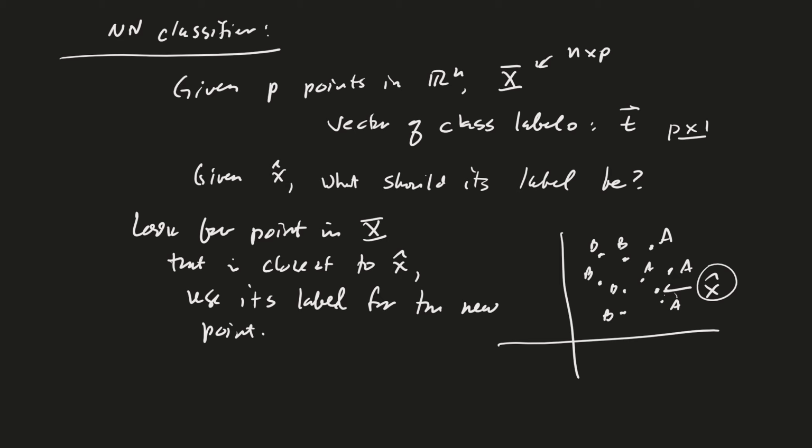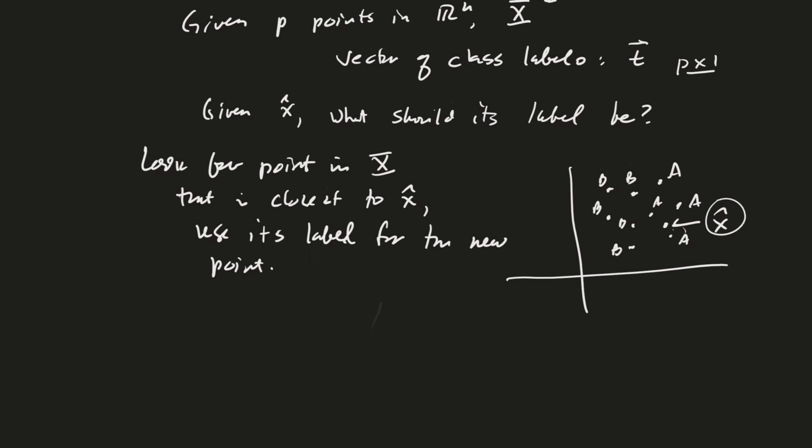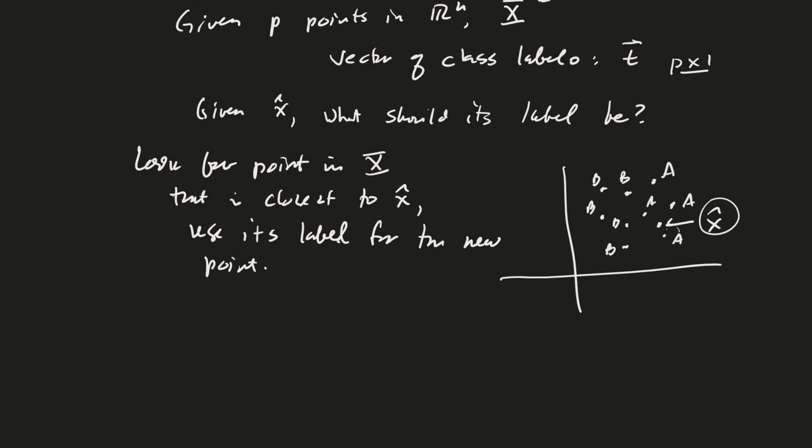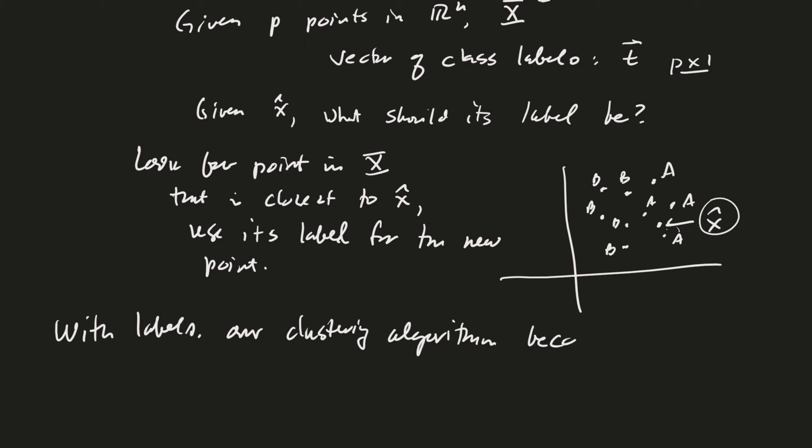So a couple of points, because we've talked about data clustering before. This is really kind of a clustering algorithm, right? Let me rephrase that. I want to say that with labels, our clustering algorithm becomes supervised.